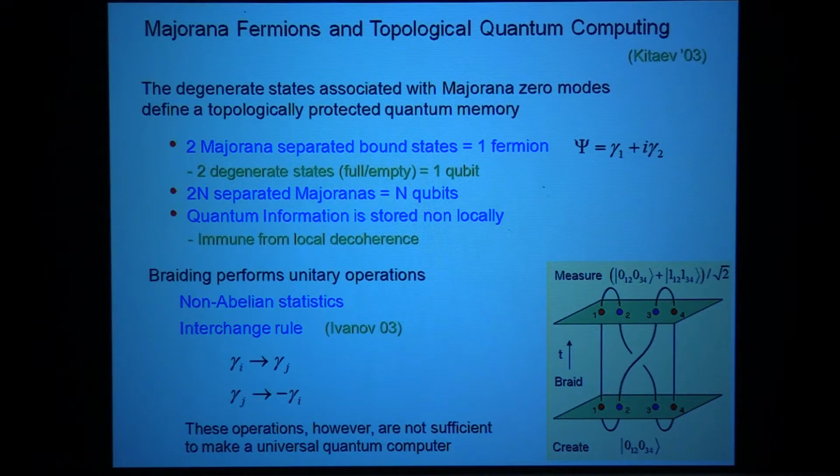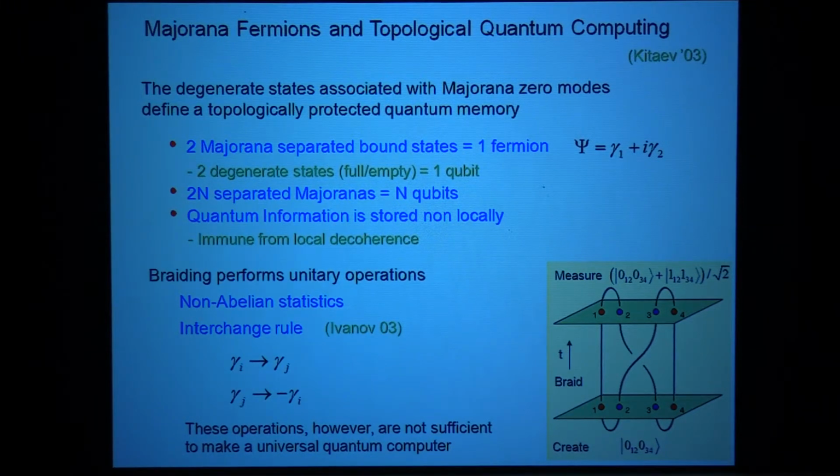The reason you have that minus sign is because if you think of the Majorana as being like a vortex, a fermion going around that vortex picks up a minus sign. So I can think of a vortex as being connected to a string around which the fermion picks up a minus sign. If I do an interchange between them, you can convince yourself that one of them is going to cross the string and not the other.